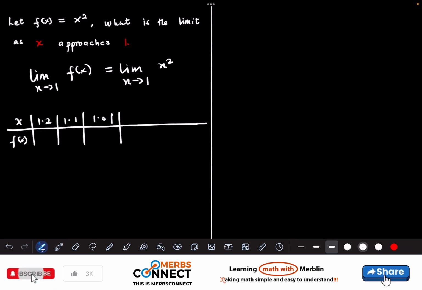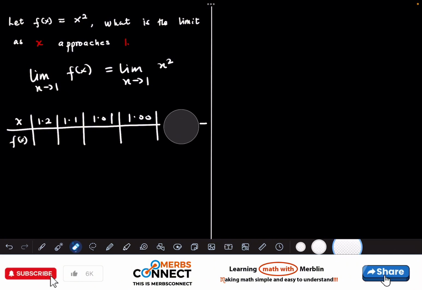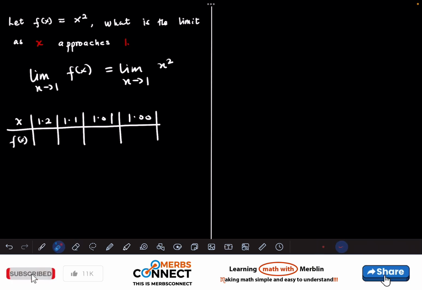Let me pick these four points and see what is going to happen. The values we are picking are getting close to 1. Good. Now let's start looking for f of x.